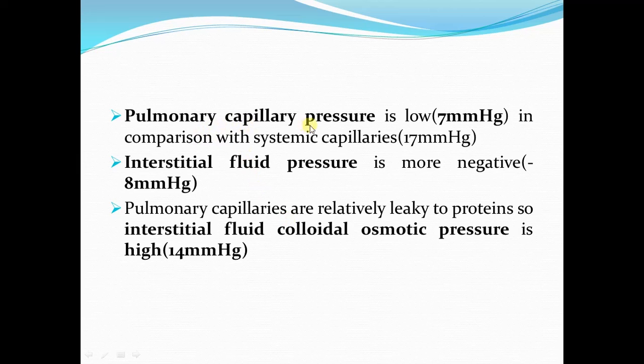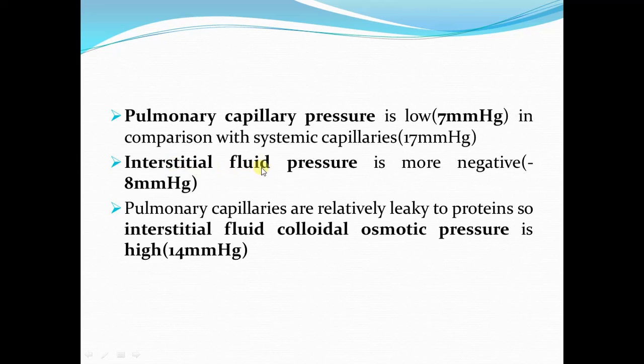Pulmonary capillary pressure is low, only 7 millimeter of mercury, in comparison with the systemic capillaries where capillary hydrostatic pressure is 17 millimeter of mercury.